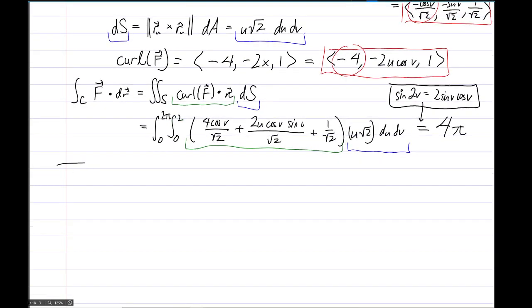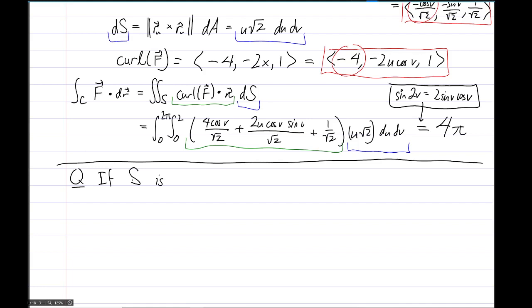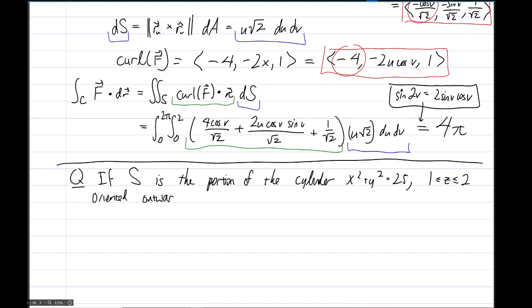Now one last thing I'd like to mention, since we're done with that problem, is to practice this orientation business. Let's do this. If S is the portion of the cylinder x squared plus y squared equals 25, I know that just sounds like it should be a circle, but we're in three-dimensional space, with z between 1 and 2, oriented outward, what is the boundary?